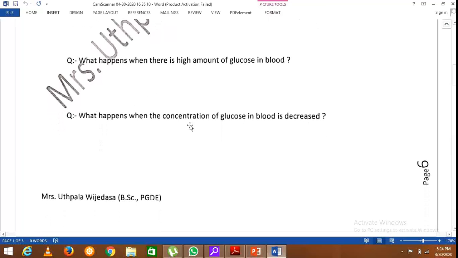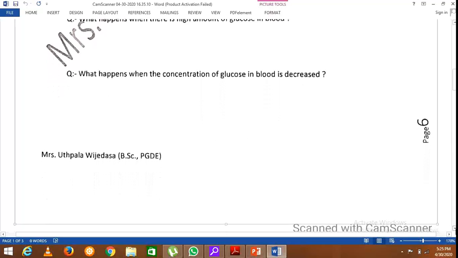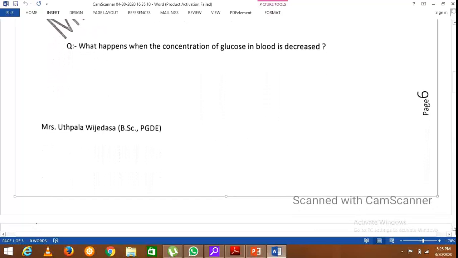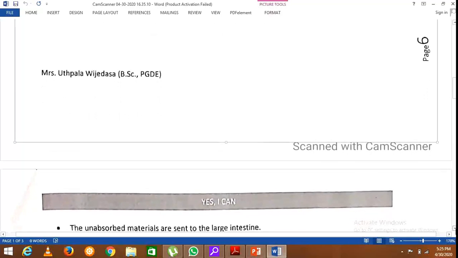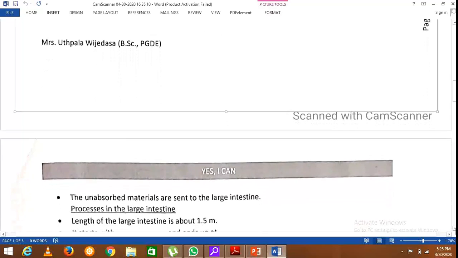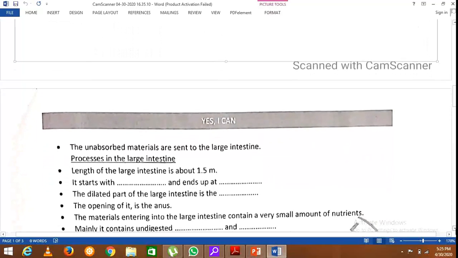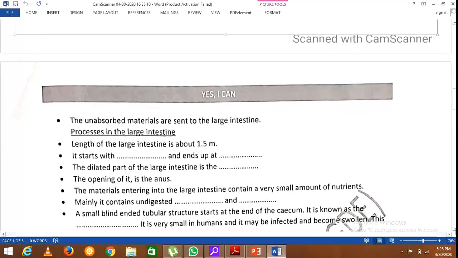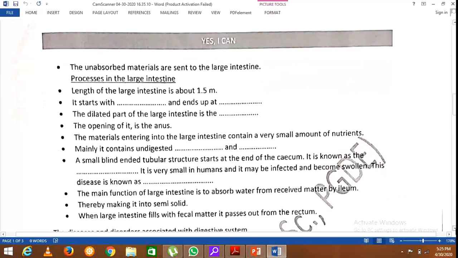And when the glucose concentration in blood is decreased again, that stored glycogen is converted into glucose and added to the bloodstream. This happens due to action of certain enzymes. Later we will learn about this.